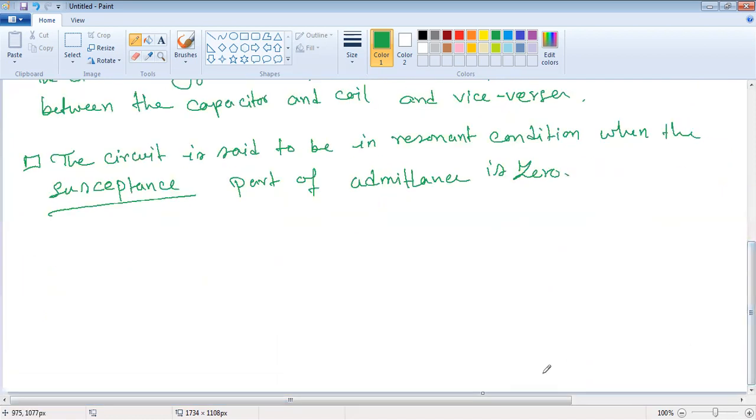And now we are talking about the mathematical expression of the parallel RLC circuit.